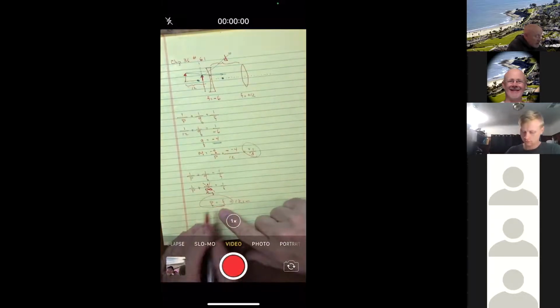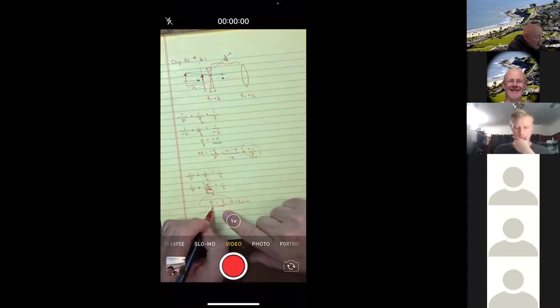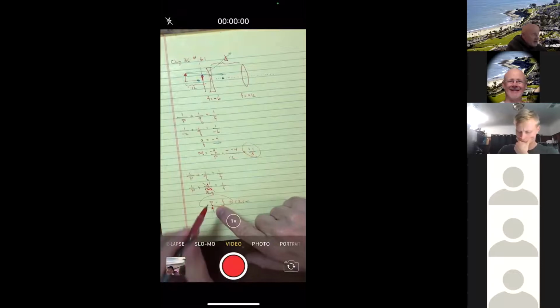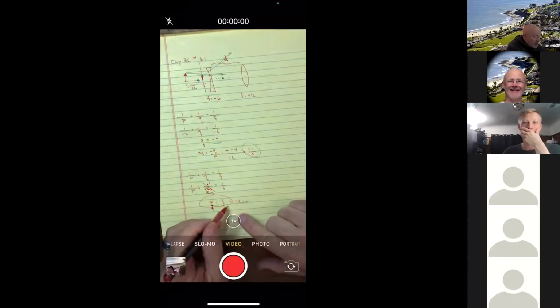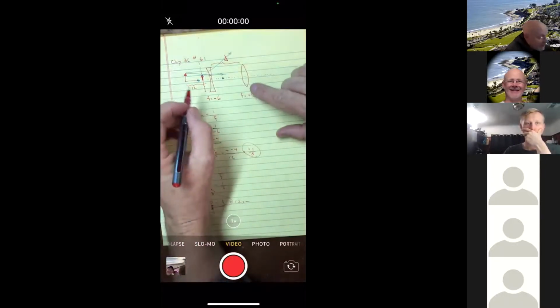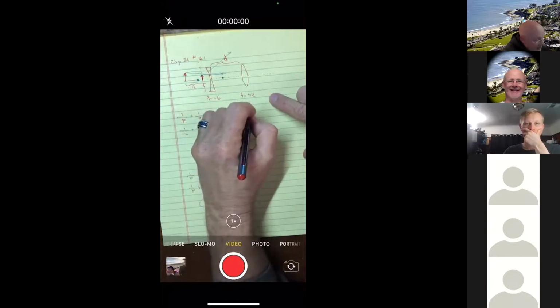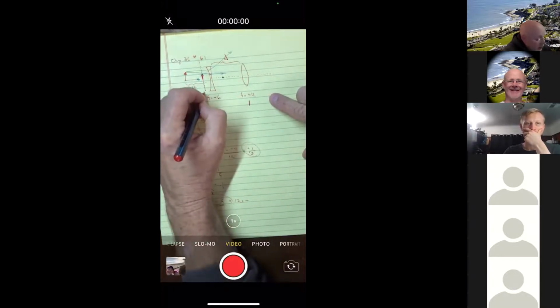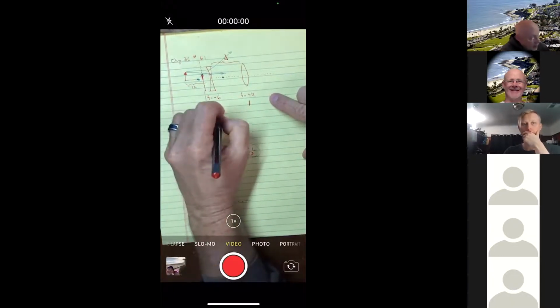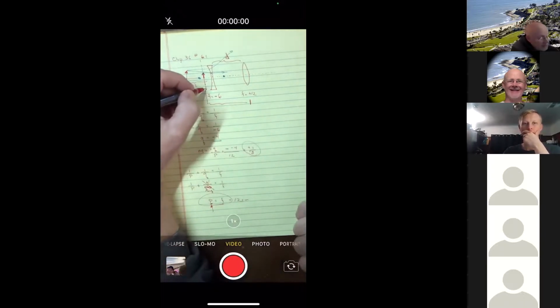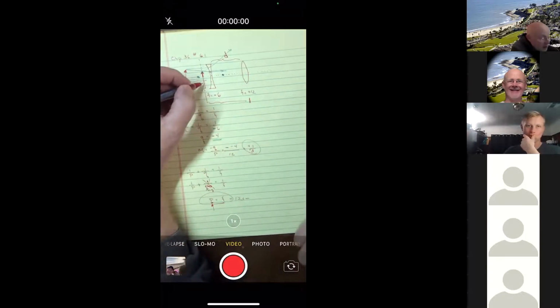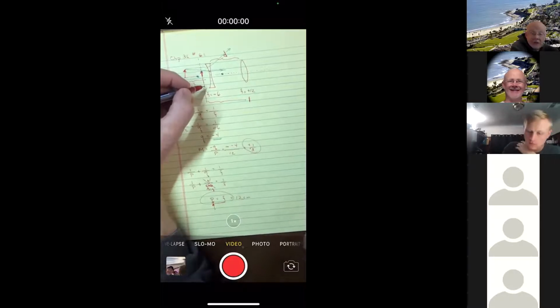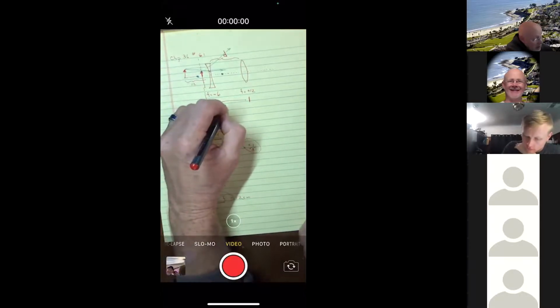So what we're really saying here is the image from the first, which is now becoming the object of the second, okay? And so the object of the second really needs to be 12 away, okay? So that means from this lens to, and I don't know how you want to call this position. I can call it the image of the first, or I can call it the object for the second. Maybe I should call it the object of the second. But that needs to be 12 centimeters.